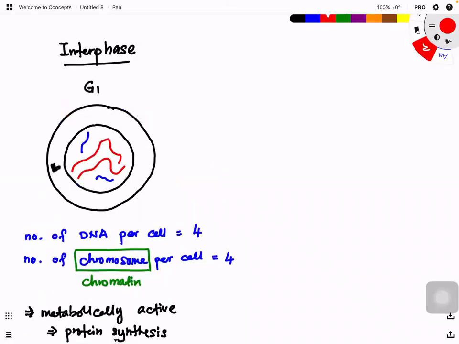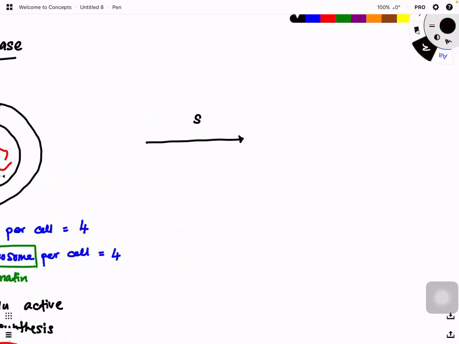So what happens now, the cells will go through the S phase. In the S phase, one very important event takes place: DNA replicates semi-conservatively.